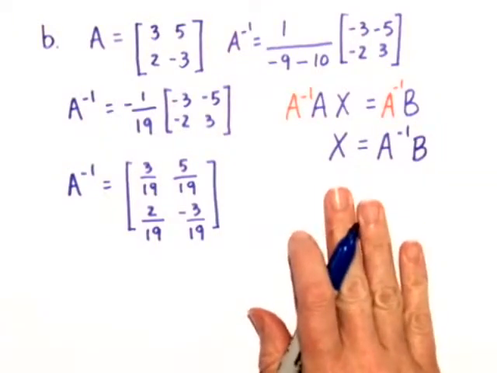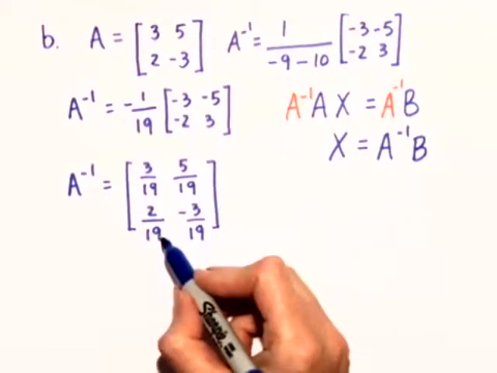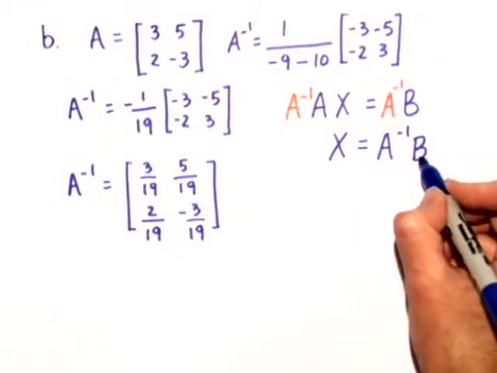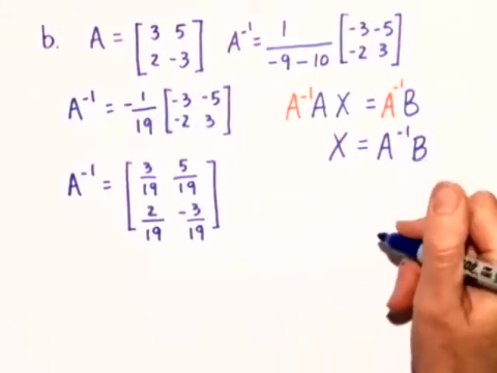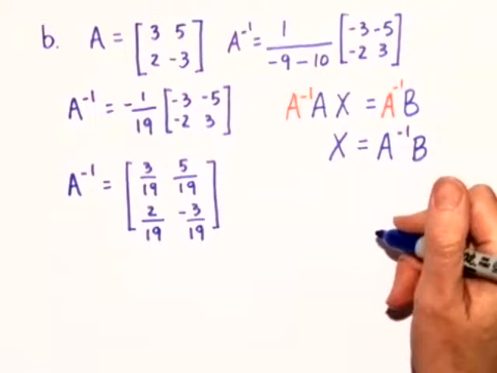So in other words, this tells us to use this inverse matrix that we just got, multiply it by that original matrix B, which was the constants on the right-hand side, and we'll get our solutions. So let's do that.